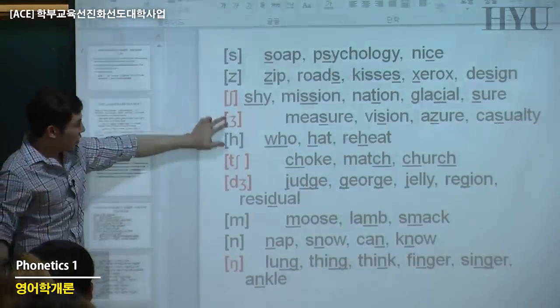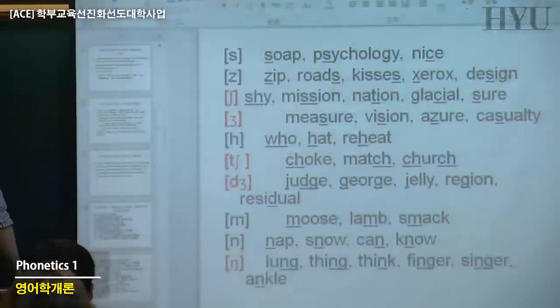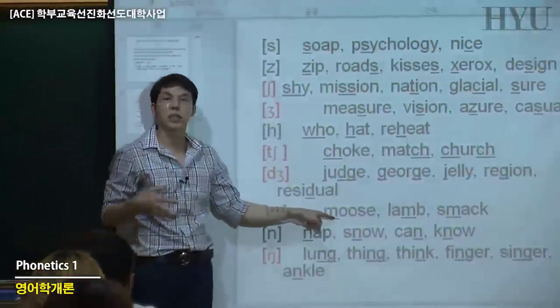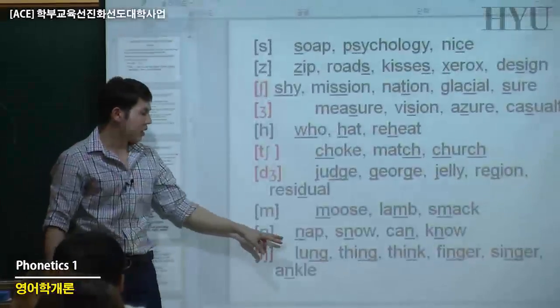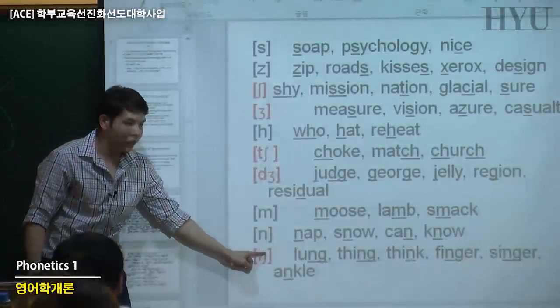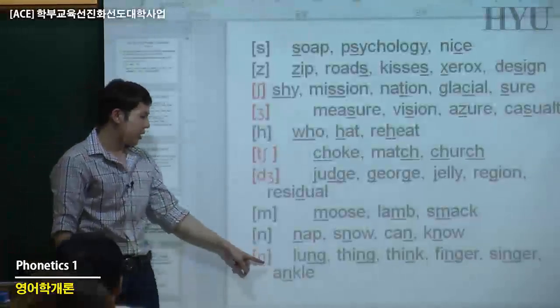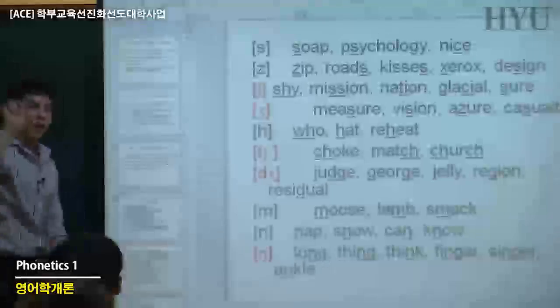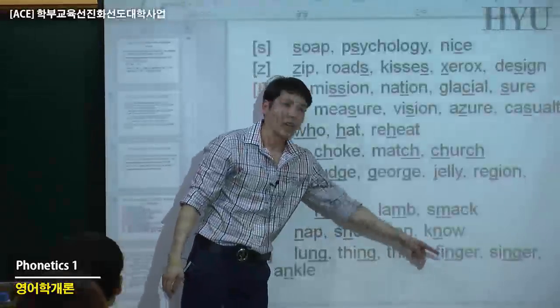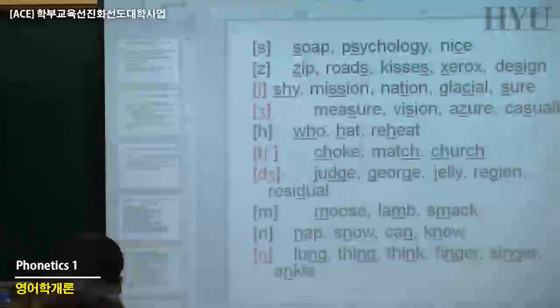Okay. So there are 3 things that are different. M, you use your lips. So m is the M sound. N is the N sound. That's easy. But this one, N with the tail, is the ng sound, right? In Korean. Lung, thing, think, finger, like that, right?